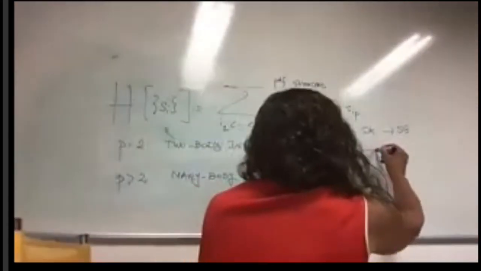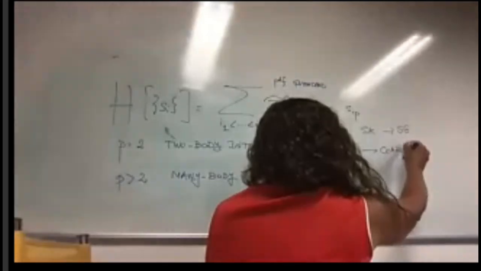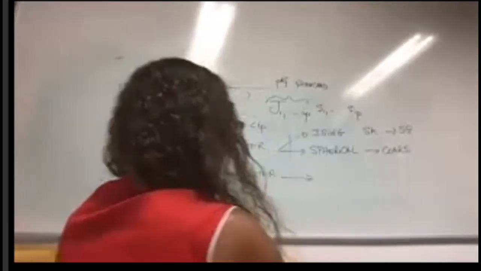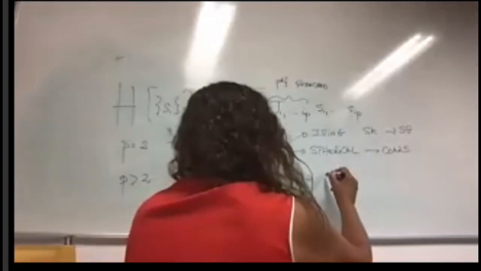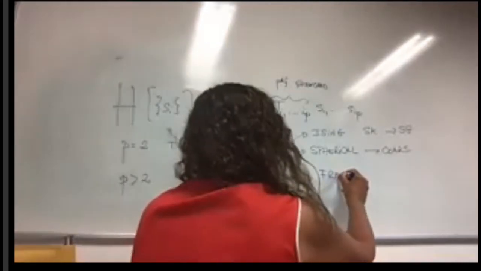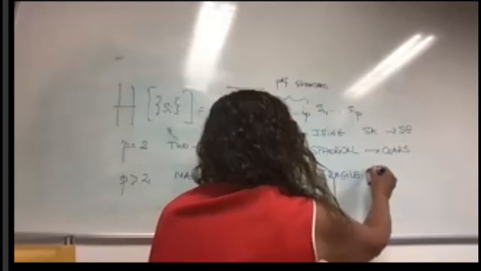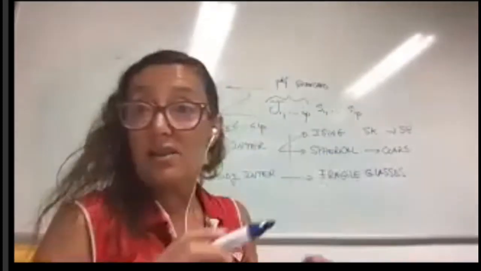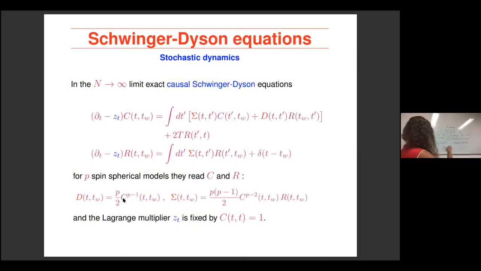And this is a good model for coarsening systems. And if you take P larger than 2, this is a good model for what I call fragile glasses, so glasses with no disorder. And then you can make mixtures of these P's, and you can also get what people call strong glasses in the context of glassy systems with no quench disorder.